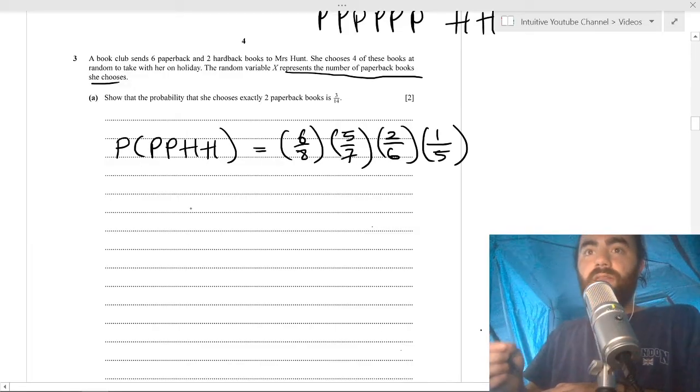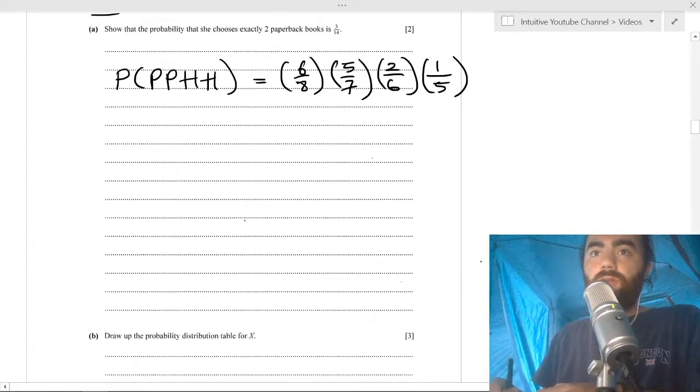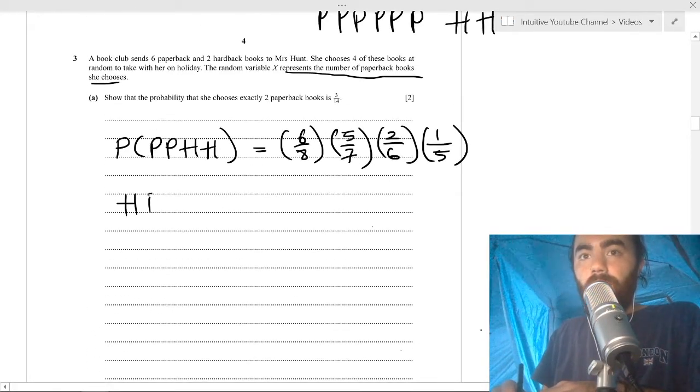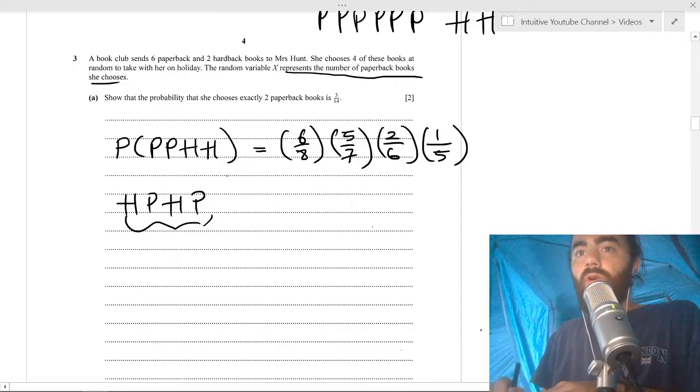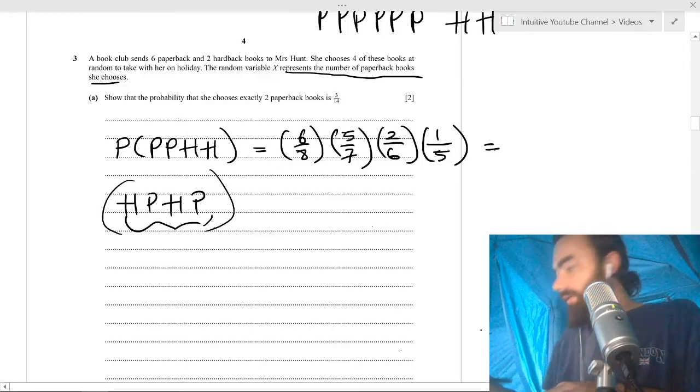But the thing is there's many ways that she could do this to pick 2 paperbacks and 2 hardbacks. She could pick it like a hardback, paperback, and so on, which would be another arrangement. Let's work this out.